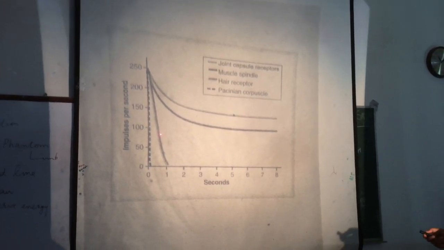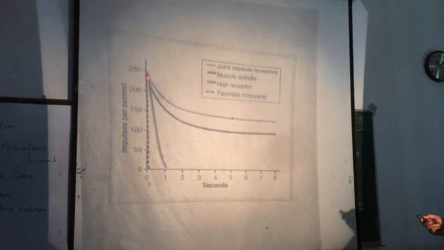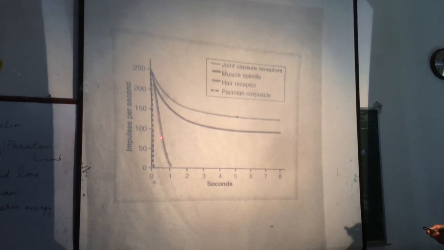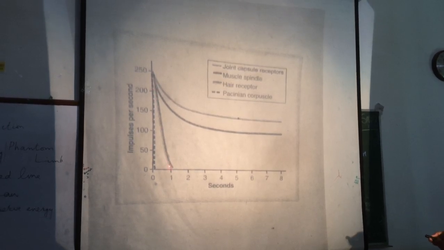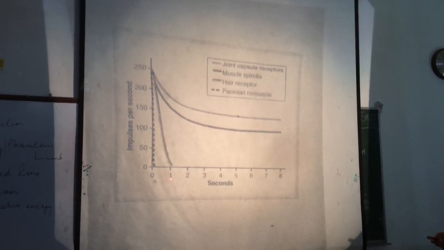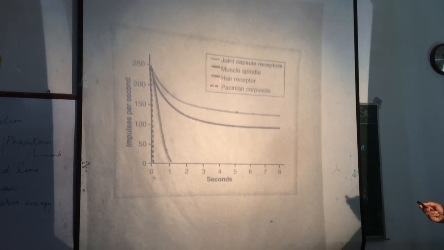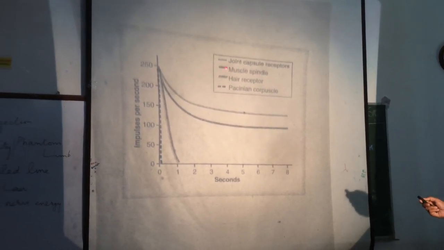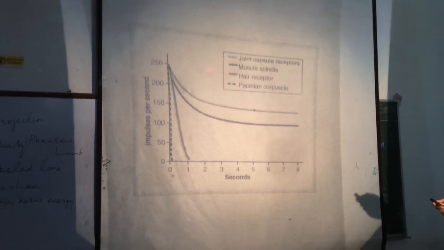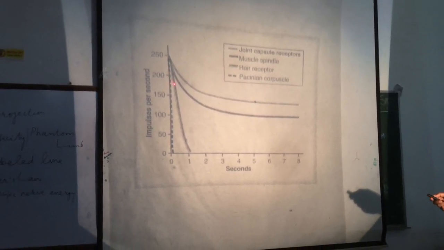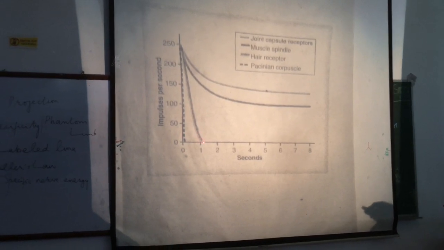You see in this figure, these receptors include hair follicle receptors and the Pacinian corpuscles.